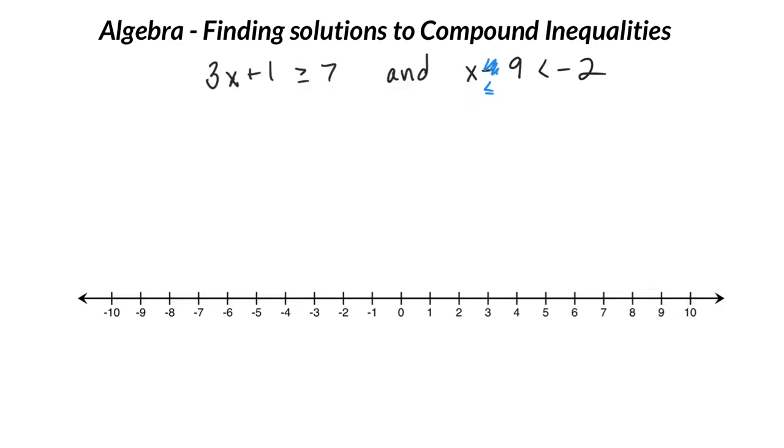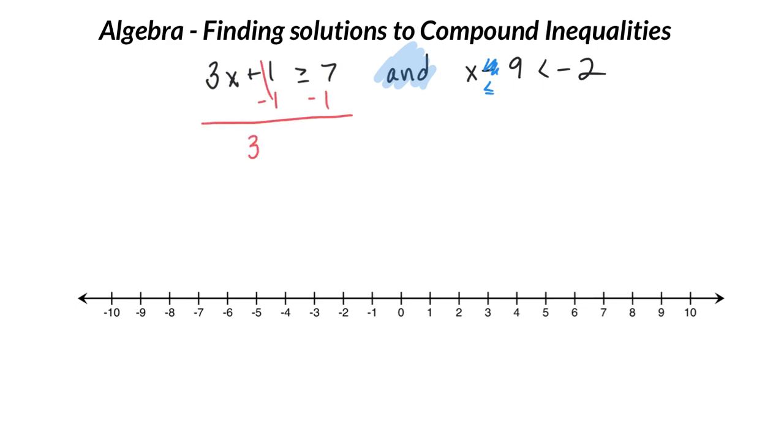3 times x plus 1 is greater than or equal to 7, and x minus 9 is less than negative 2. Now the word and changes this a little bit, because now we're talking about an x that satisfies both. So it's not enough to do one or the other. It actually has to be the solutions that will work for both. But again, the algebra is not going to change. We're going to start by subtracting 1.